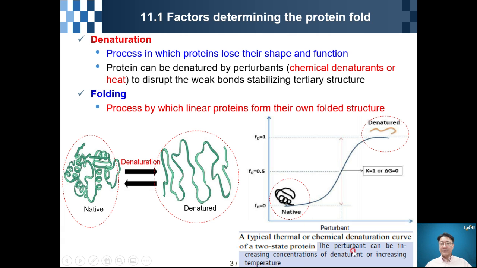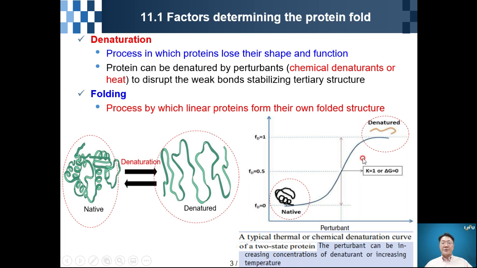So the perturbant can be increasing concentration of denaturant or increasing temperature. The y-axis shows the status: 0 means the fully native state, and FD 1 means fully denatured structures. When the denaturant concentration or the temperature is increased, the native structure becomes the denatured structure.